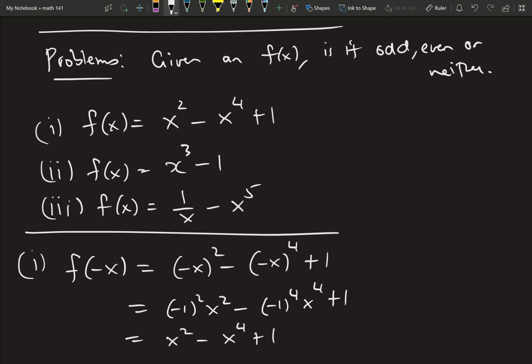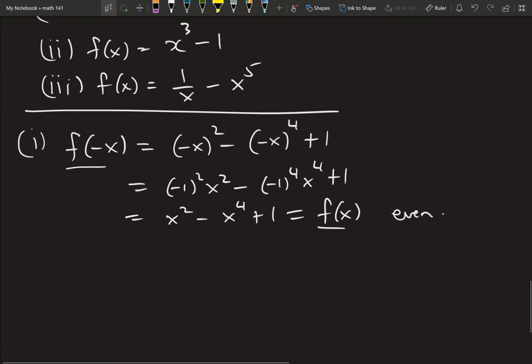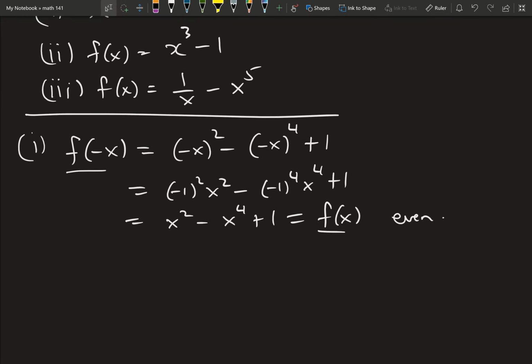Those become positive ones, and we're left exactly with the original function itself. And hence this function, we started with f of negative x, we ended up with f of x. This is an even function. Meaning whatever the graph is, I don't know exactly what it looks like, but it's going to be symmetric about the y-axis.